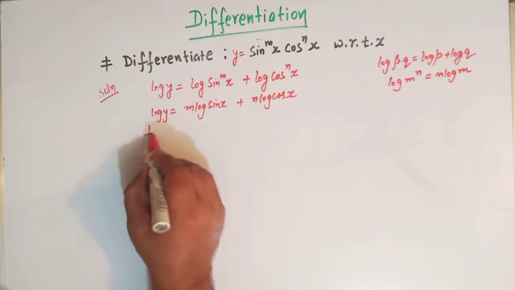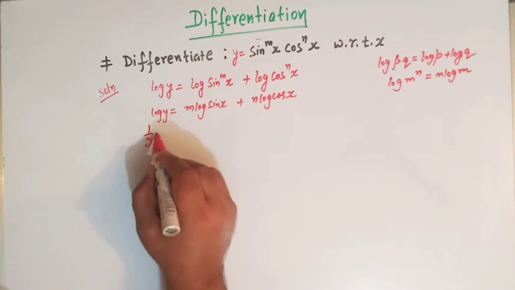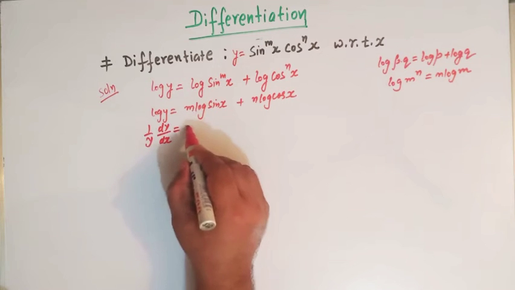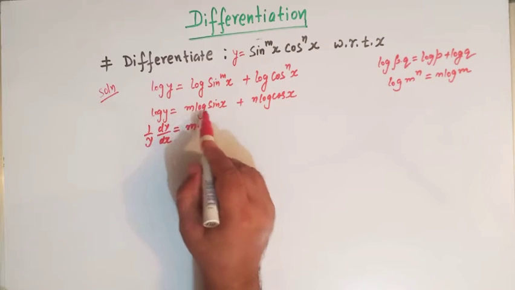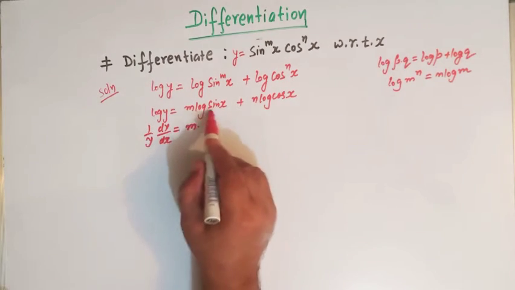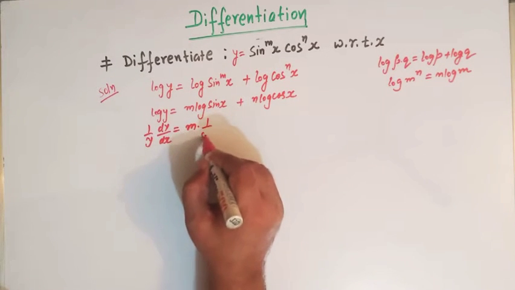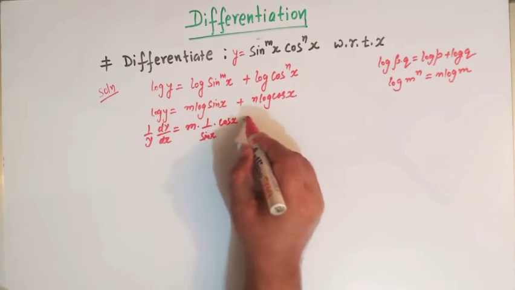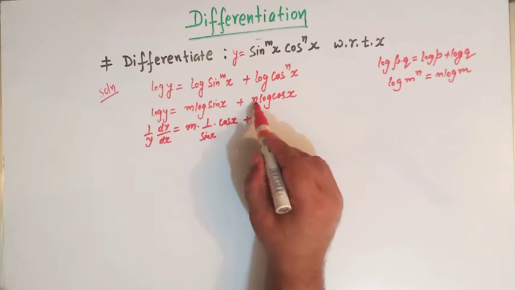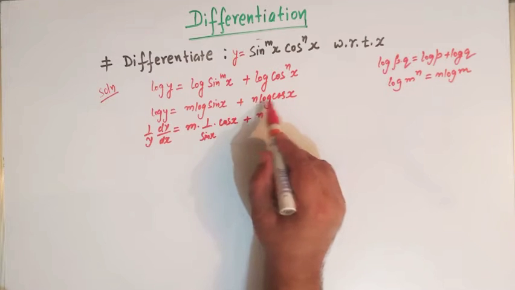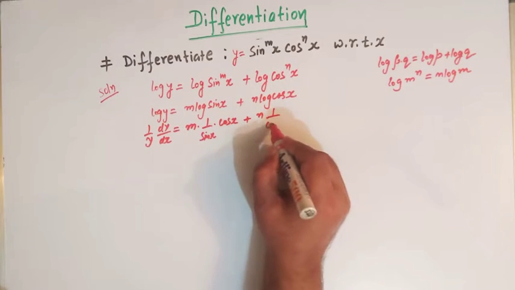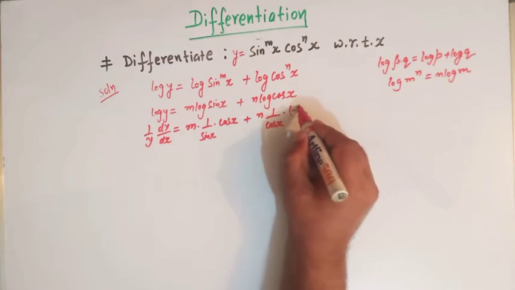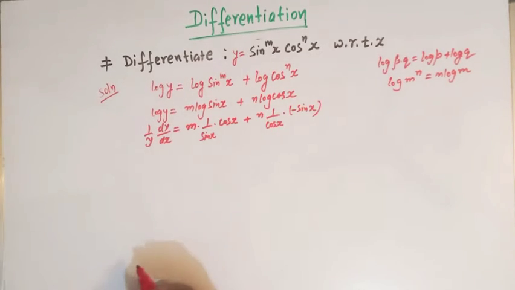Now differentiating both sides with respect to x, we have 1 over y, here we have dy over dx, here we have m is a constant, log sin x, so the derivative of log sin x is 1 over sin x, and then the derivative of sin x is cos x, plus n is a constant, so the derivative of log cos x is 1 over cos x, then the derivative of cos x is minus sin x, right?